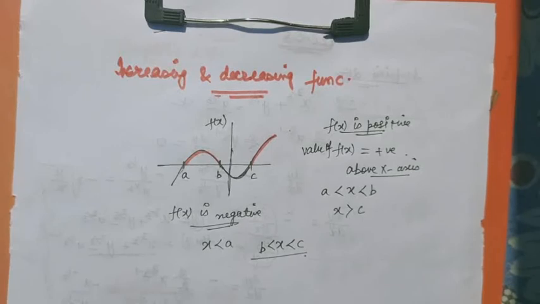Someone may simply say that if x is increasing, y should also be increasing, and if x is decreasing, y should also be decreasing. That is, rate of change of y with respect to x should be positive in case of increasing function.